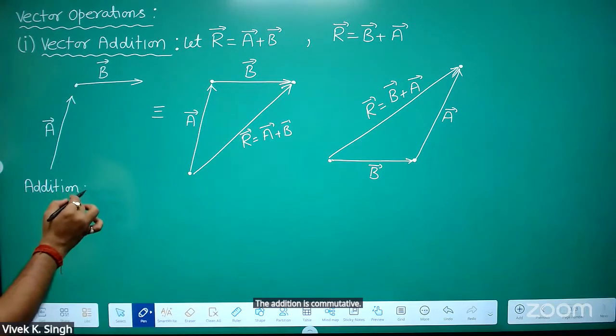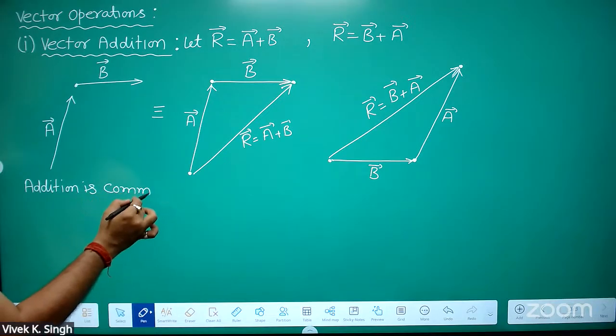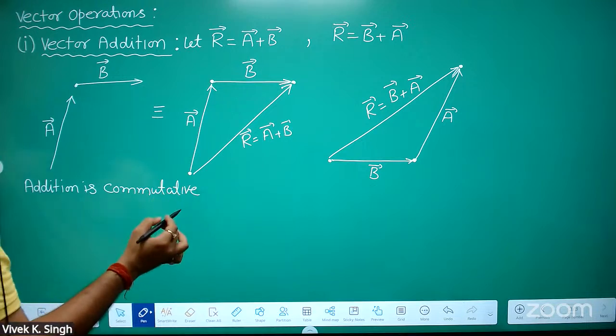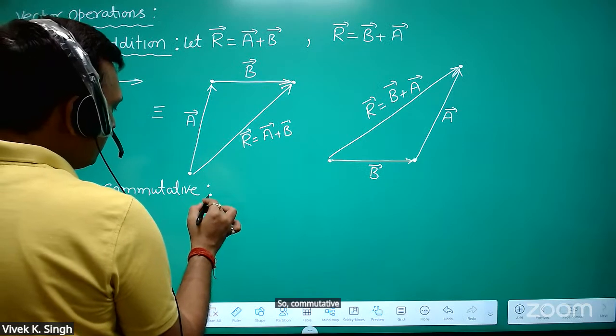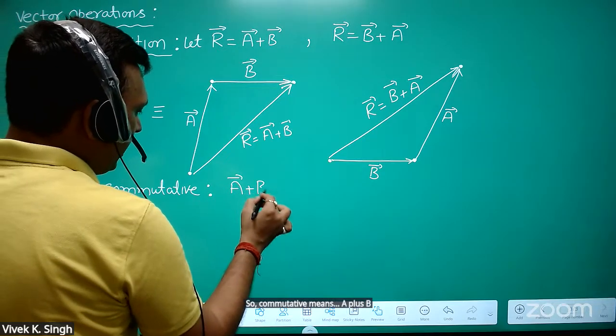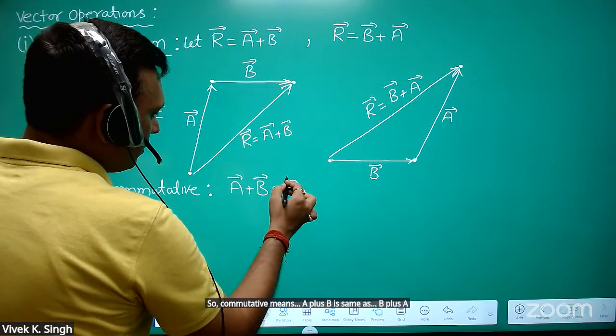Commutative means A plus B is the same as B plus A.